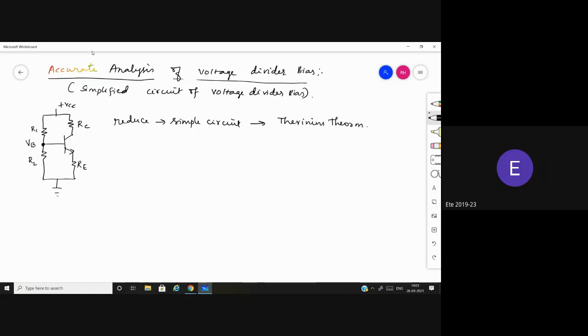From Thevenin's theorem, R1 and R2, since they are in parallel combination, we will write the parallel combination. So RB is equal to R1 R2 by R1 plus R2. In Thevenin's theorem, the effective resistance is represented as RT. So we'll have R1 R2 by R1 plus R2.